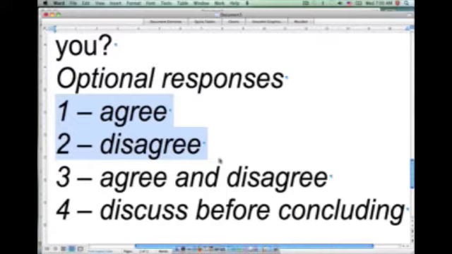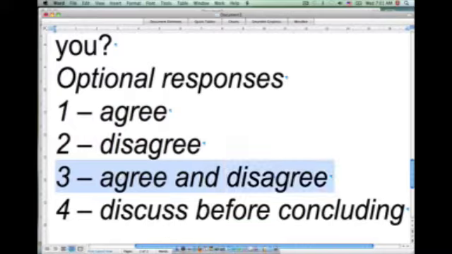I definitely do not advise you to go with the third option here, which is to kind of agree and disagree with the points. Okay, so today I would like to write an essay for you that actually follows this middle sort of pattern, the agree and the disagree. I want to do that just to demonstrate how much more complicated our wording has to be to make the essay successful.